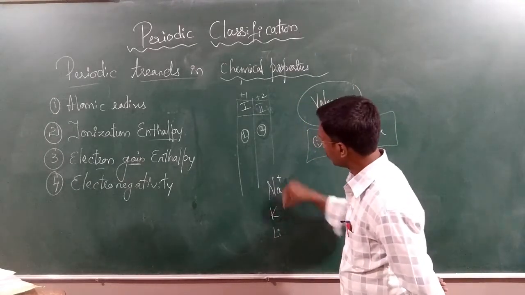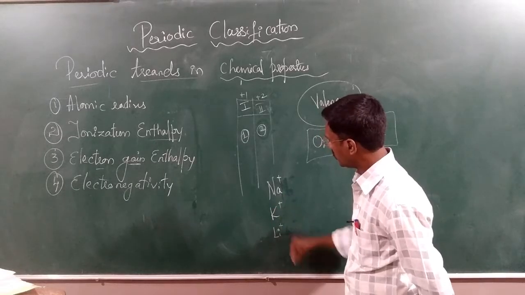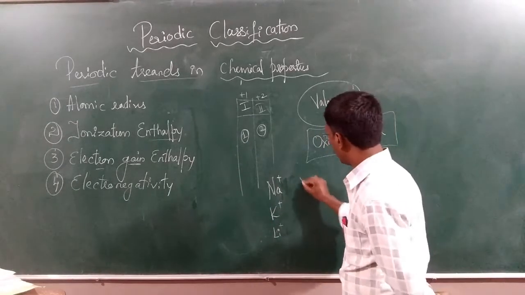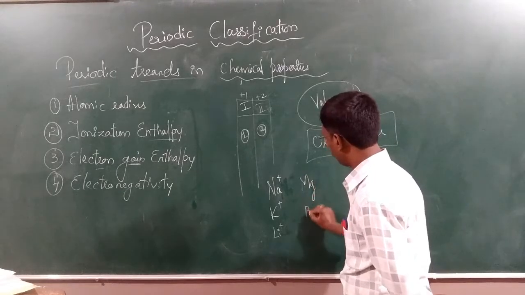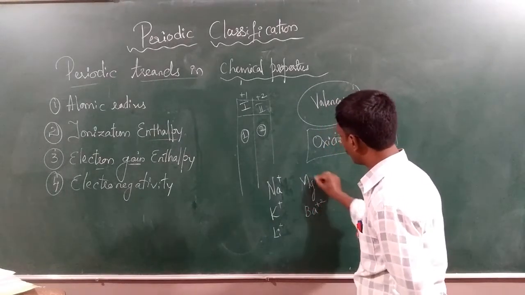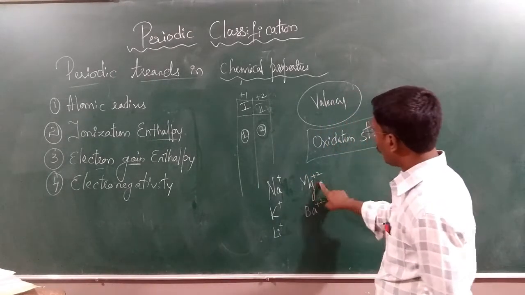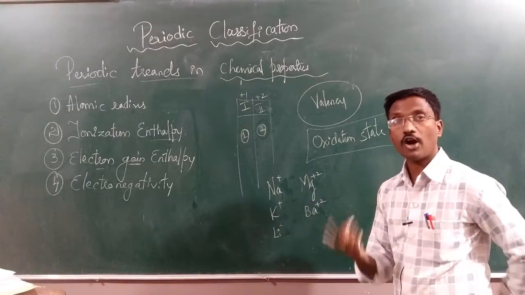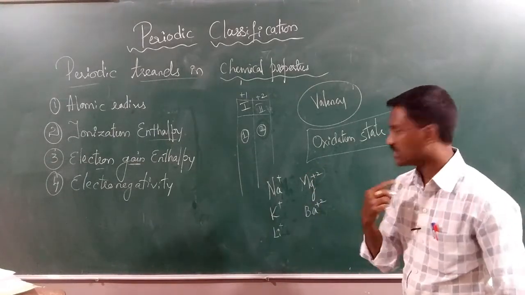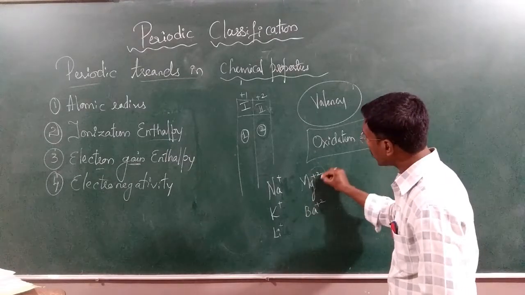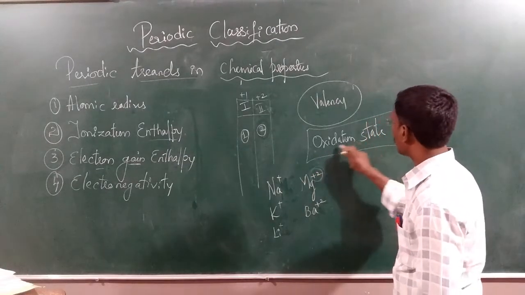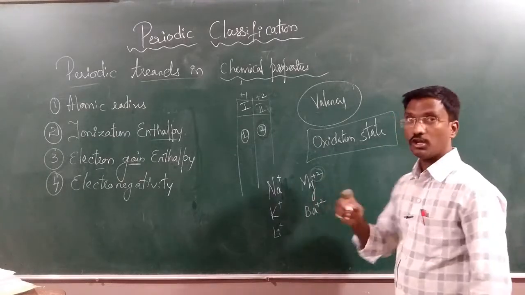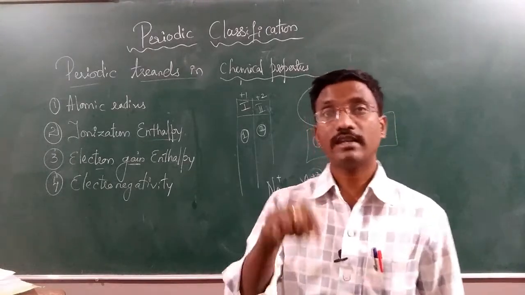If I write only plus, it is understood to be plus one. Similarly, magnesium, barium have plus 2. What is the charge magnesium is having? Plus 2. It means it has lost 2 electrons, donated 2 electrons. How many electrons it donated, that is called the oxidation state. Oxidation state is nothing but the number of electrons lost or the number of electrons gained.